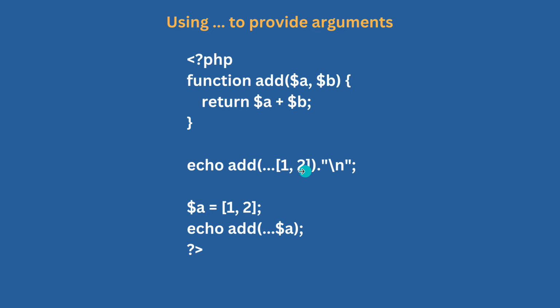So whatever I write here, it will assign correspondingly 1 to A and 2 to B. Why is it a little different? Suppose here you can just create those indexes and pass those here.